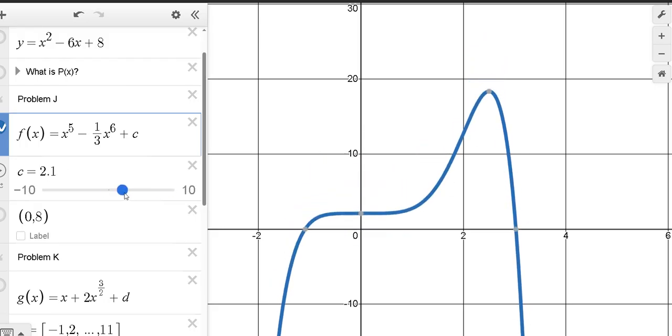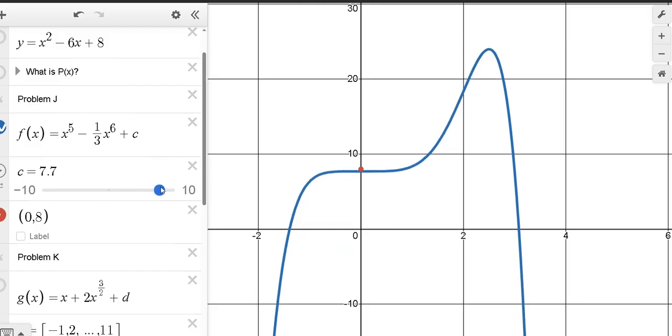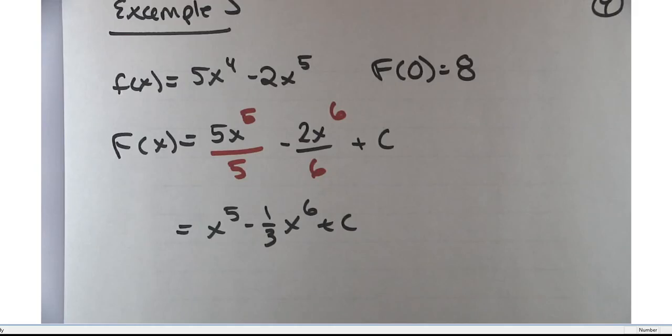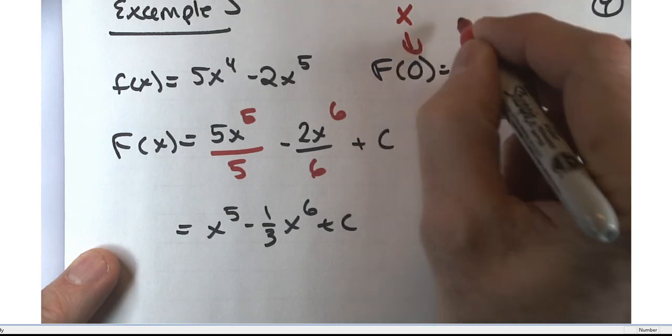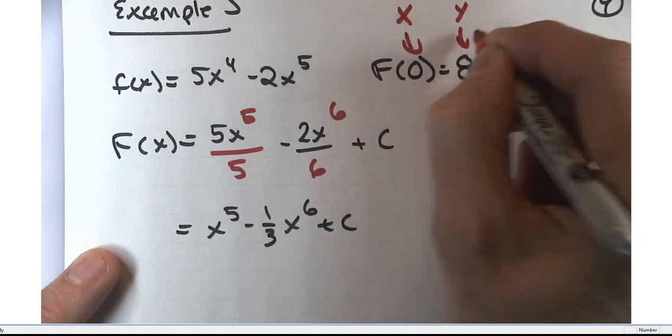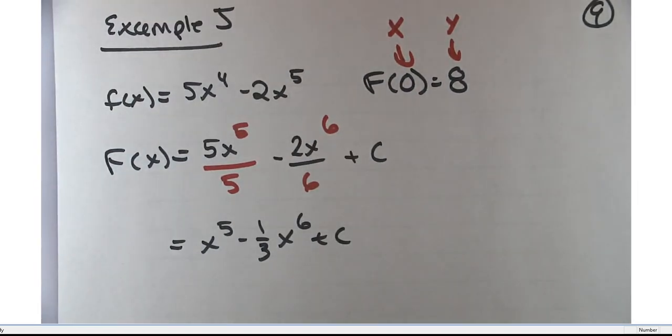But I want to choose the particular value that makes the function go through this point, through 0 and 8. So I have to figure out what that constant is. And the clue that they gave you is that when x equals 0, y equals 8. So let's plug in that and see if we can figure out what's going on.